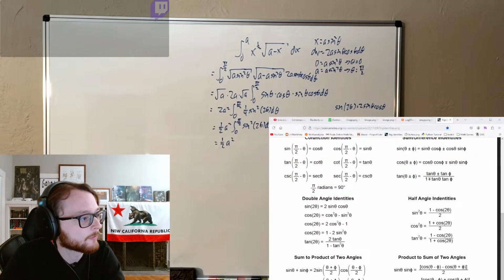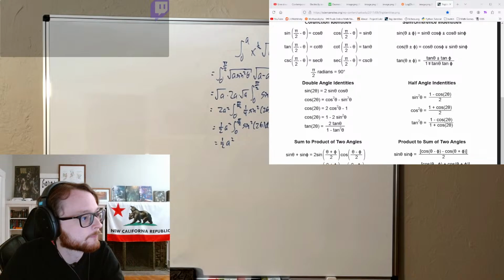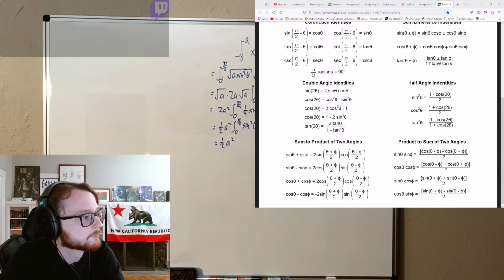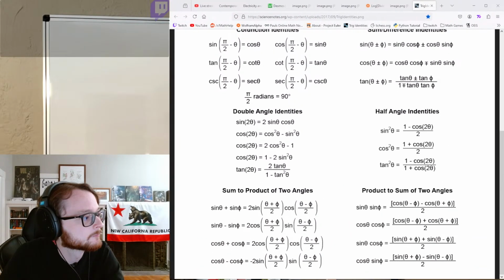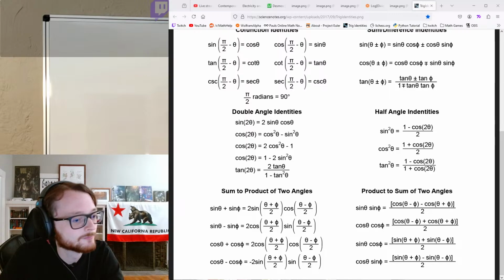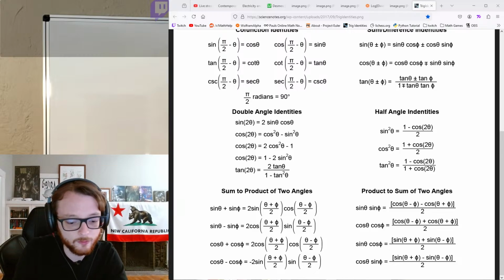I guess in that case, let's look at Quack's. So Quack was saying, prove that sine of x is greater than x minus x cubed over 6, for x greater than 0.